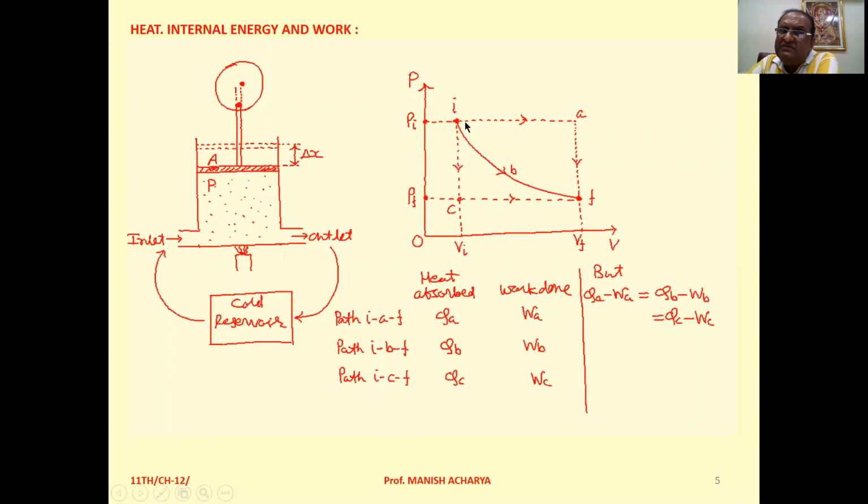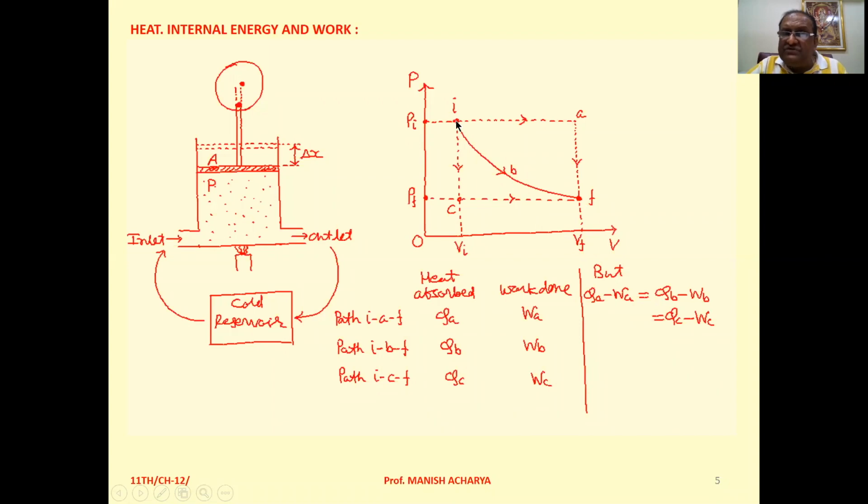So experimentally we can observe this thing: if the system is moved from the initial to the final thermodynamic state through different paths, then the heat absorbed by the system and the work done by the system are different. As an example, first consider the path IAF. When the system is moved from initial to final on the path IAF, the heat absorbed by the system is QA, and suppose the work done is WA.